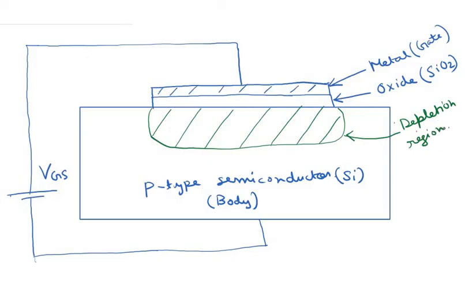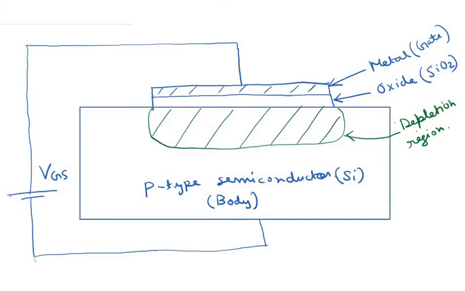Now if we keep on increasing VGS, the thickness of this depletion region would increase, because the electric field becomes stronger and stronger. At one point of time, all the holes near the surface would have been repelled.